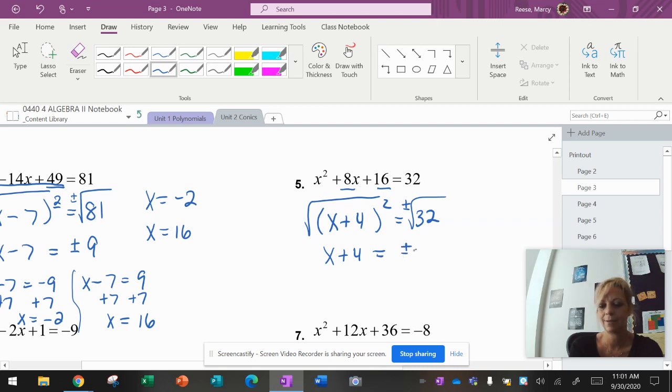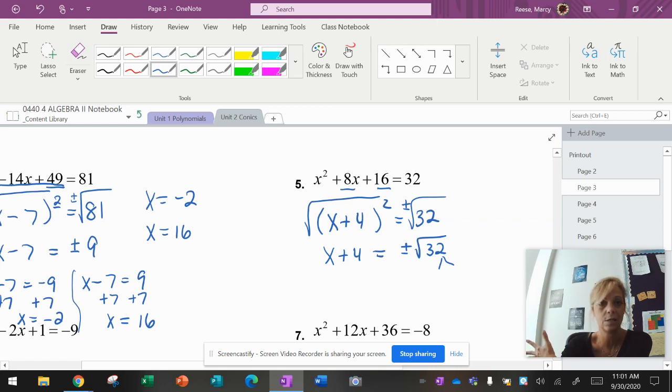And then I got this hot mess here. 32 is not a perfect square, like 81 was on the other one, so I've got to simplify. This is something we're going to work on throughout this unit as well. To simplify a radical, you look for a perfect square that is a factor of 32.